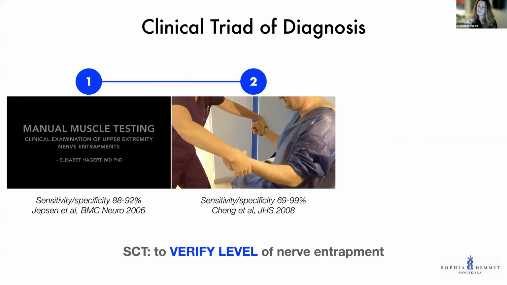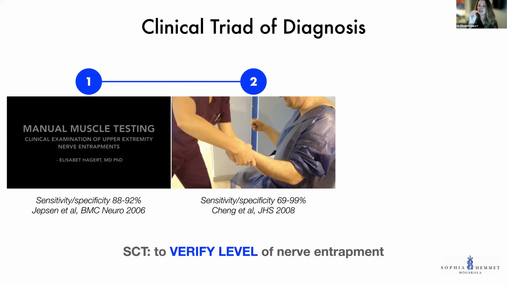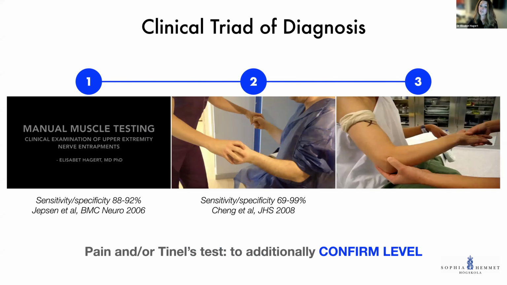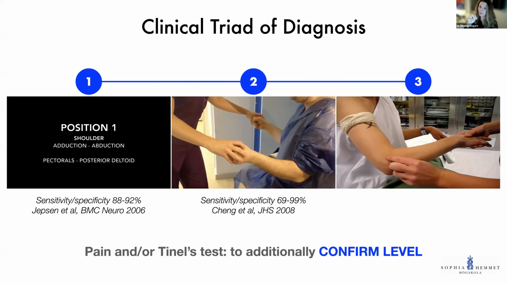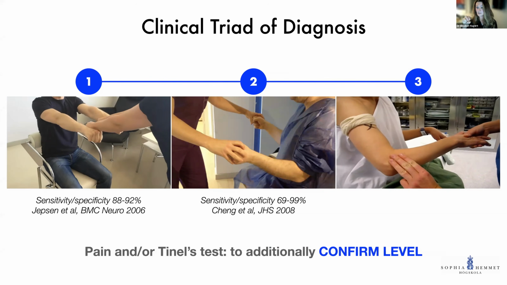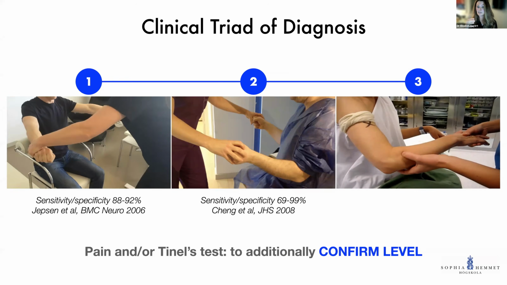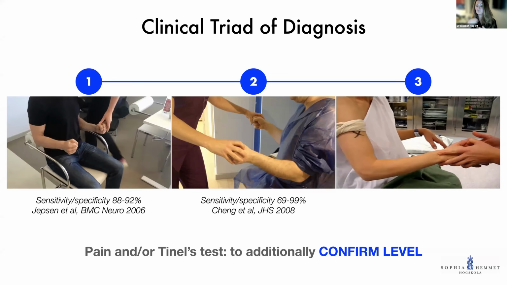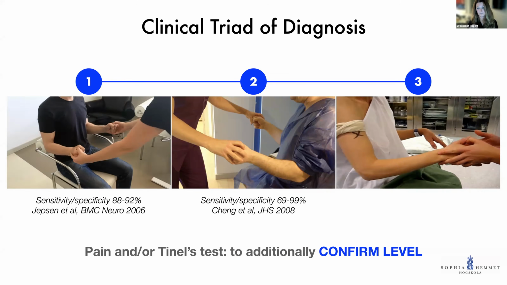Use the scratch test to verify where you believe that level of nerve compression is. Once you've done that, use compression over the nerve to elicit pain or numbness, so pain and or Tinel's test. And like I said before, if you want to add additional provocative maneuvers at this point, you may.